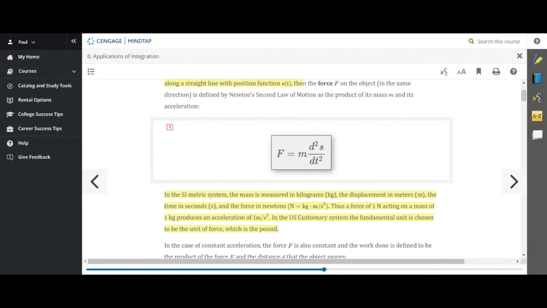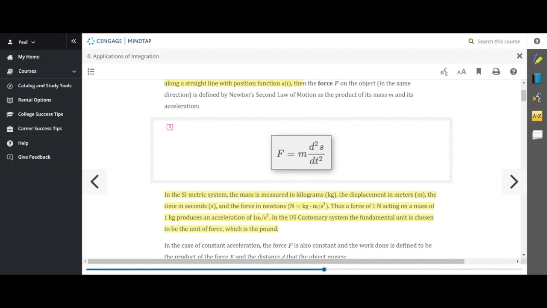Displacement is measured in meters, time is in seconds, and the force is in newtons. So a newton is equal to a kilogram times meters over seconds squared. That's the units for newtons. How many have heard of a newton before? Okay, Masume and IB and Avery, wonderful, and Mark, Opiemi, wonderful.